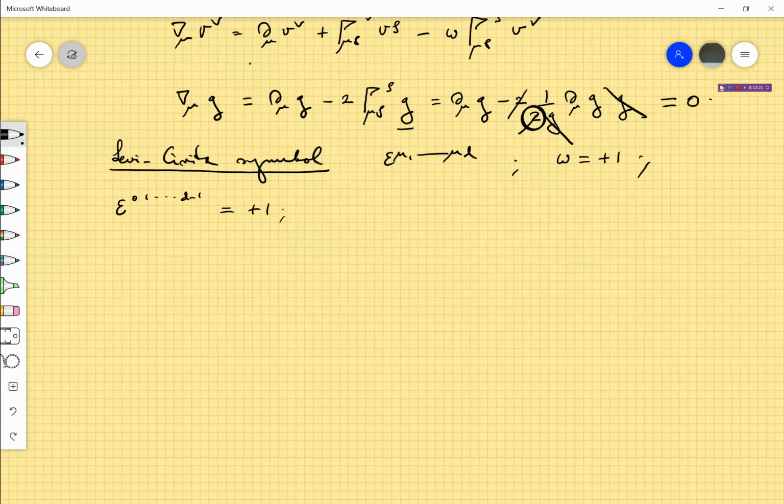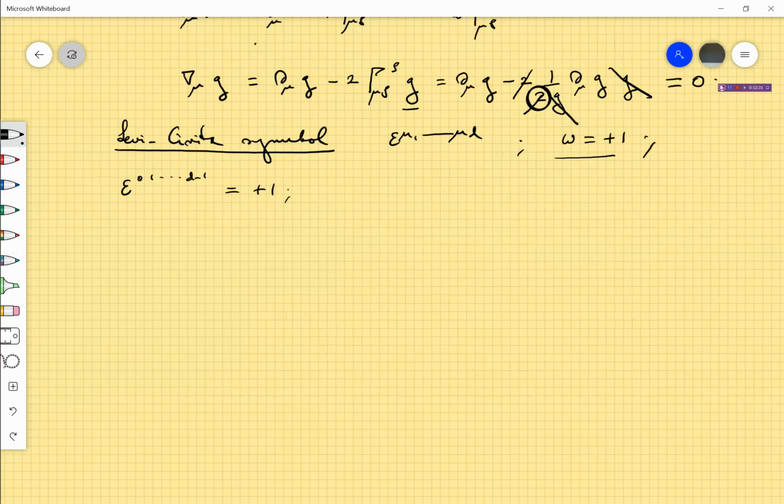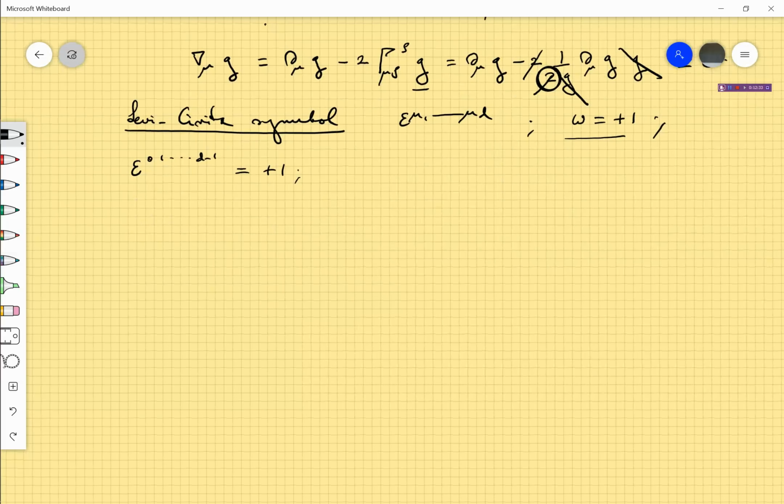Let us prove that, by considering that it is a tensor density of weight +1, this property really remains true. The only caveat is that I'm going to consider transformations that do not change the orientation. And this means that the determinant of the Jacobian is positive.